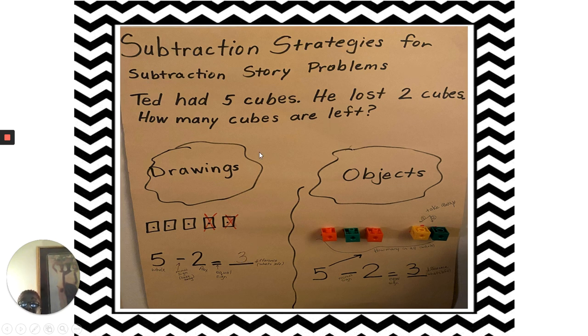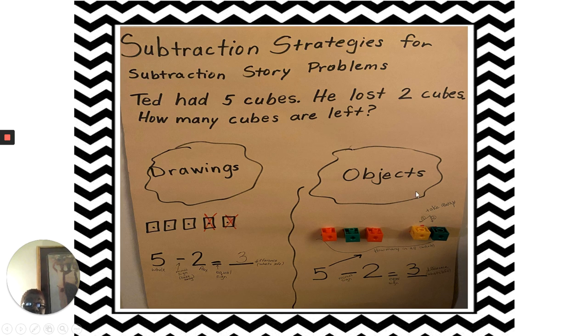One way I can represent this subtraction story problem is with a drawing. Another way is if I use objects. On this side, I used cubes. We still have the same word problem. 5 cubes, 1, 2, 3, 4, 5.